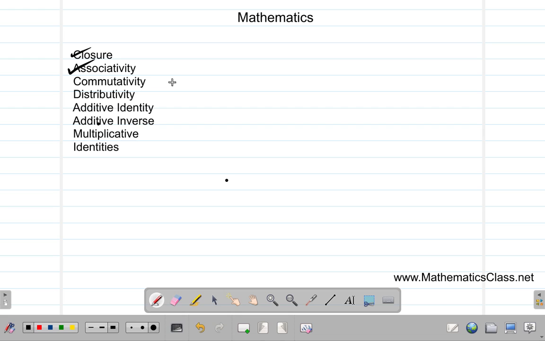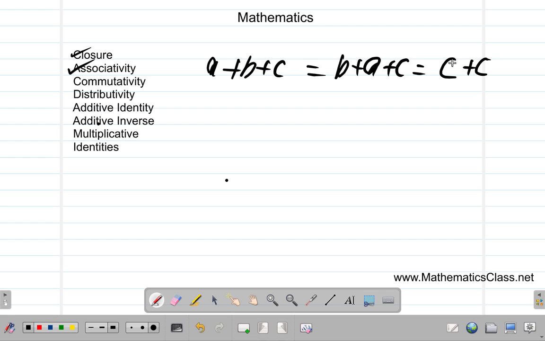Now, suppose you have A plus B plus C equal to B plus A plus C, and the same thing if you say C plus A plus B. So we see how this goes, where you have A on the left, B in the middle, C to the right.